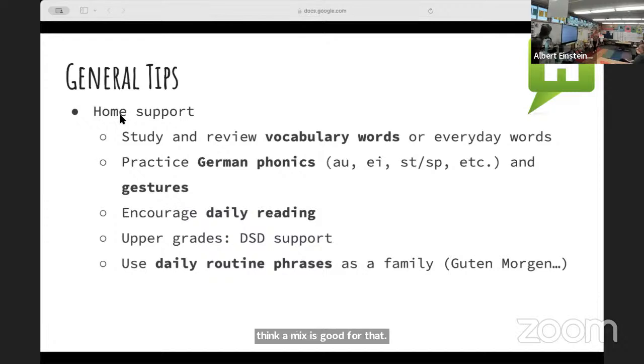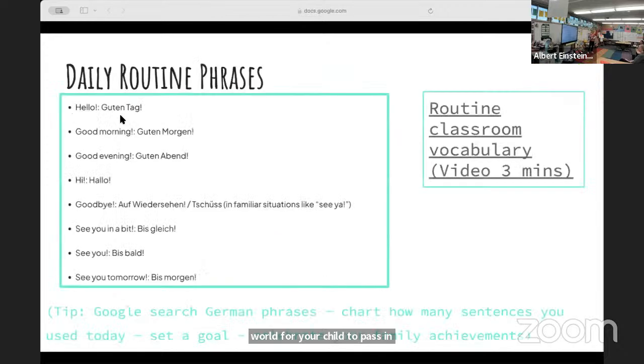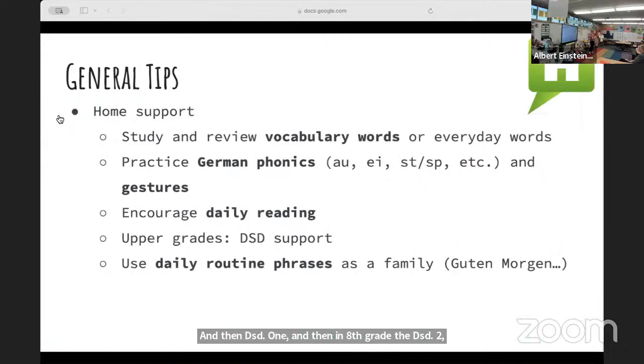Ultimately, for home support, the goal, in an ideal world, is for your child to pass the DSD 1 in 5th grade and then in 8th grade the DSD 2, which is the German language diploma issued by the government.